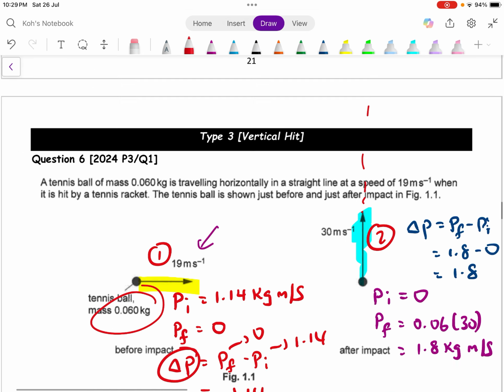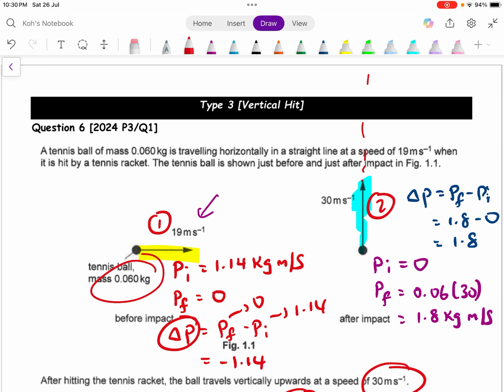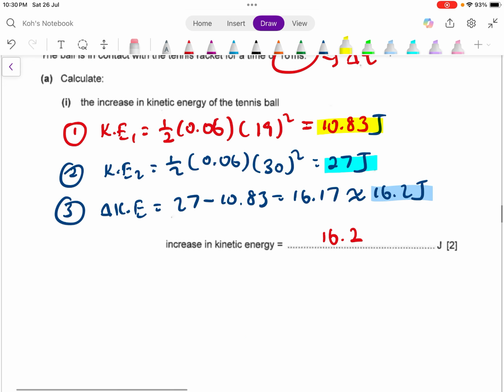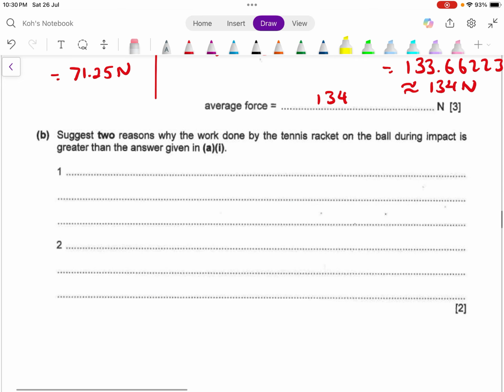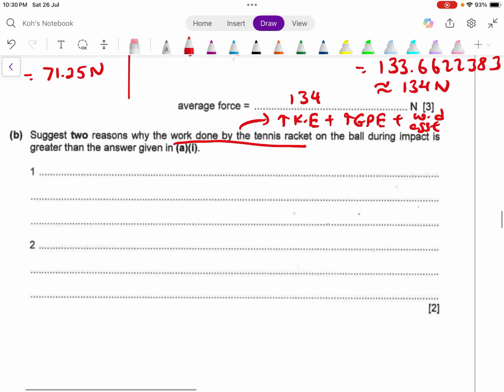And definitely, there's another reason, due to the fact that maybe you need to do work against air resistance. So these are some of the reasons why your work done by the force will be greater than the 16.2. So let me just write down. The work done by the tennis racket is equal to the increase in KE of the tennis ball plus increase in GPE plus the work done against air resistance, A.R. Okay, so the first reason, because there's an increase in GPE of the tennis ball.